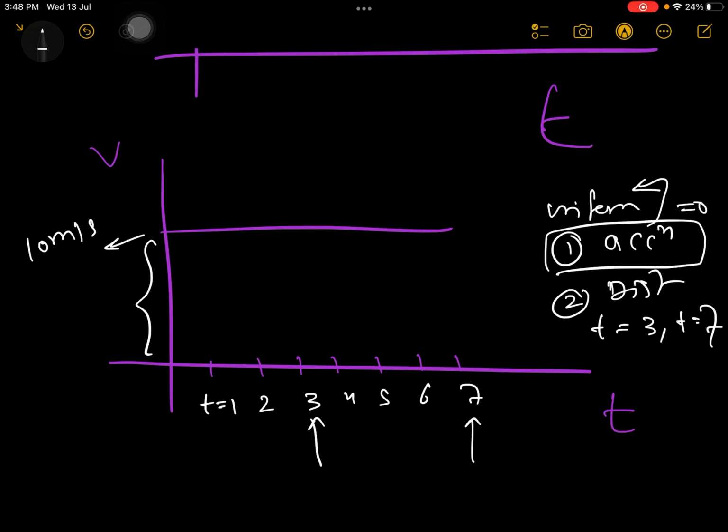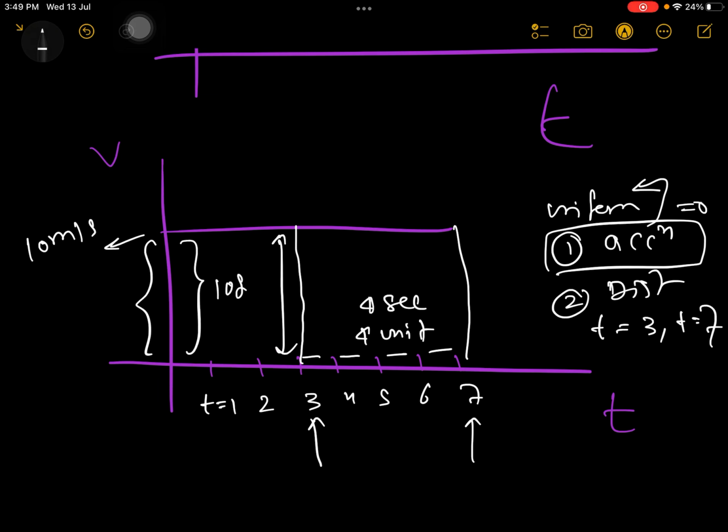So how much area is being covered between this 3 second to 7 second? Here 1, 2, 3, 4 unit length is here, but actually it is 4 second. And on the vertical axis, how much length is there? This total length is 10 unit. It means this is 10 meter per second actually.